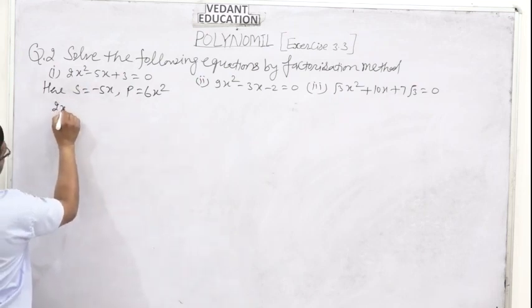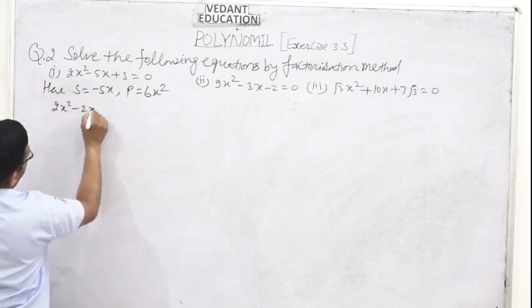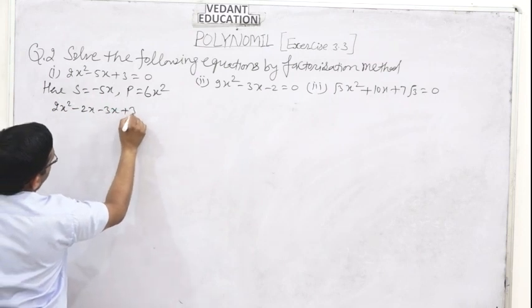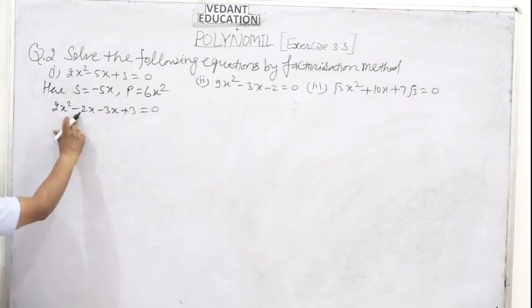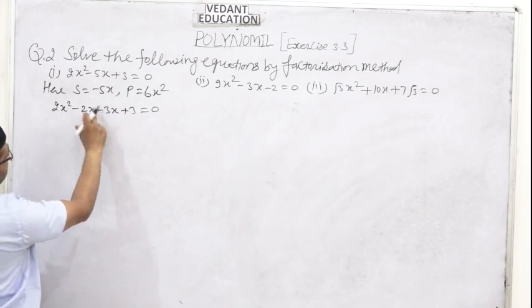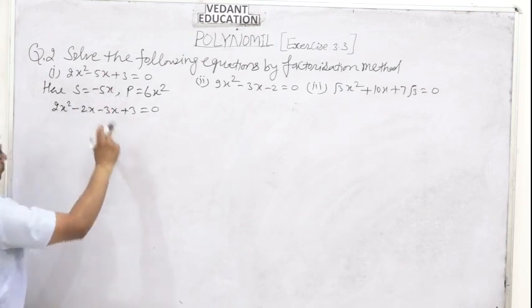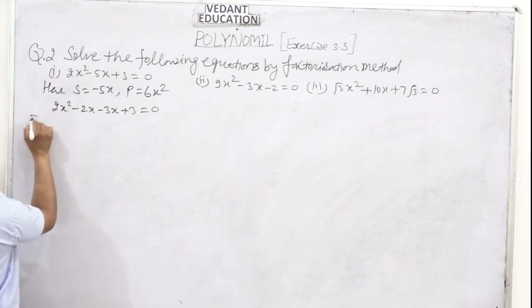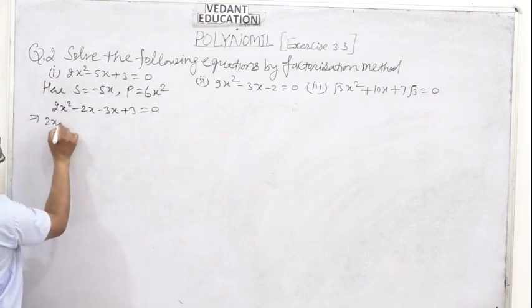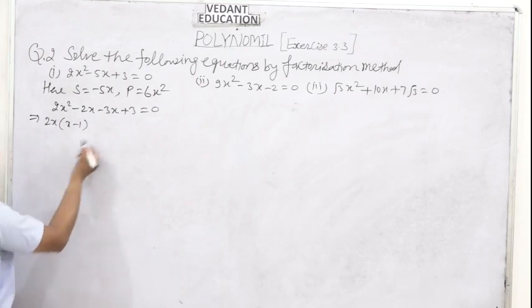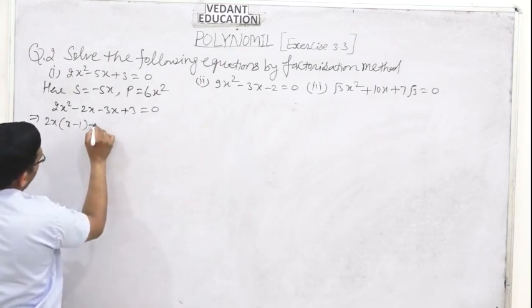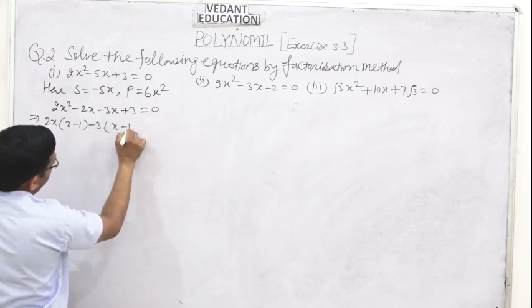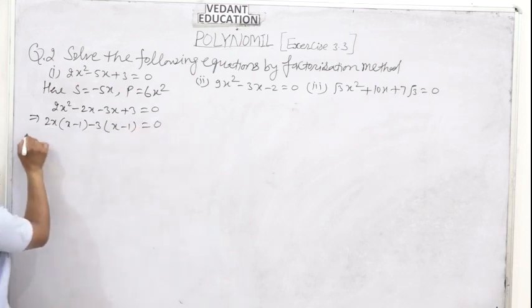So 2x square minus 2x minus 3x plus 3 is equal to 0. Sum of minus 2x and minus 3x is minus 5x and product of 2x and 3x is 6x square. By taking the first two terms, common is 2x, remain is x minus 1. Again in the next two terms, minus 3 is common, remain is x minus 1 is equal to 0.